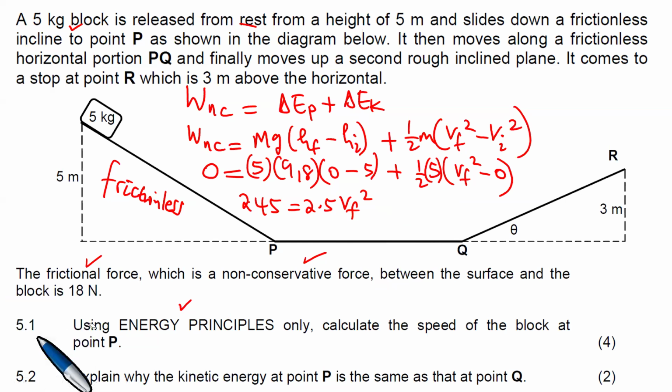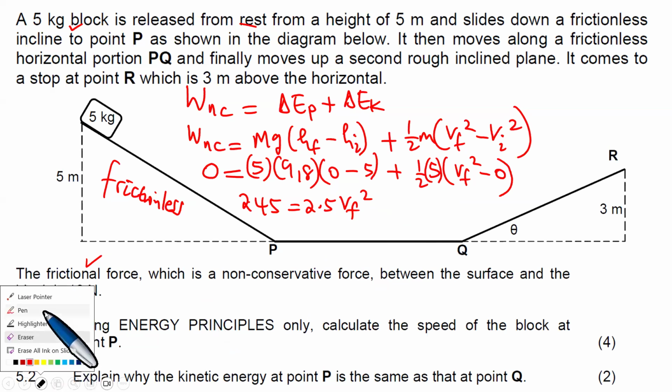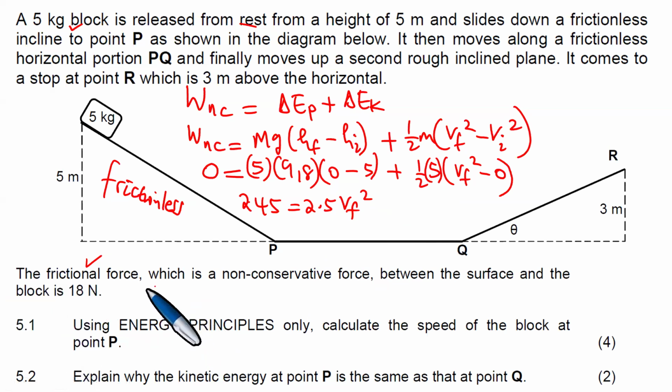We continue. Then you have 245, you divide by 2.5, which is VF squared.